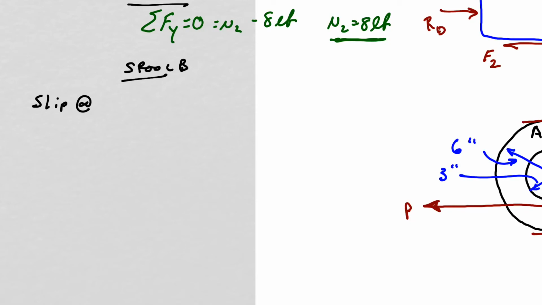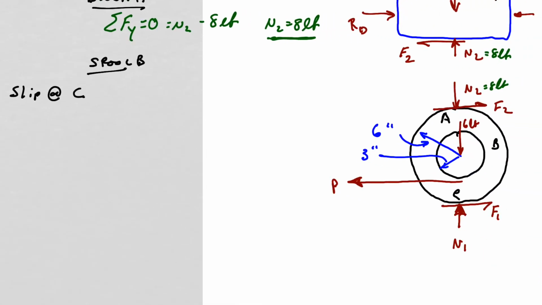Okay, so let's assume slip at C. If that is the case, then that means if slip is at C, down in the bottom, that means F1 equals mu n1. It has to equal mu n1. Okay? And we know that that's equal to 0.25 n1. Well, we don't know what n1 is. We can solve for that too by looking at spool B and then just summing forces in the y direction.